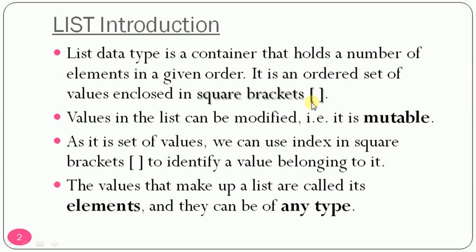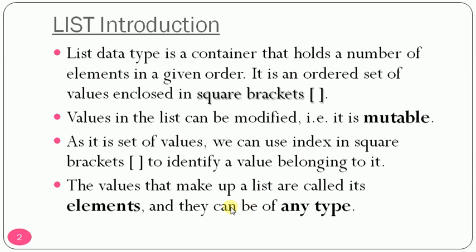This list is mutable. Mutable means we can change the values of the list. We can modify the values. Then, to access each element, we need to use an index. The index needs to be mentioned within the square brackets if you want to identify a particular element.